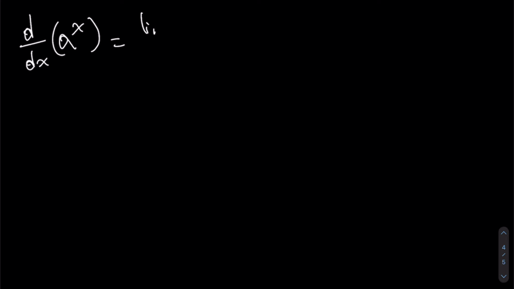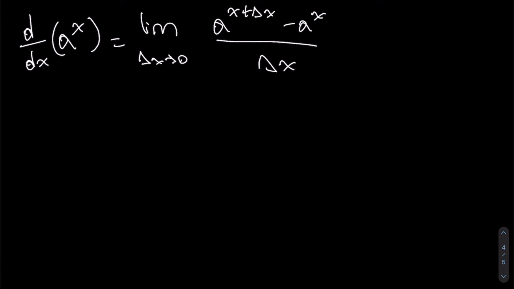All right, the exponential function. So now we're on the road to proving that whole logarithm thing. I want to find the derivative of some number to the power of x. So I'm going to have a to the x plus delta x minus a to the x over delta x.